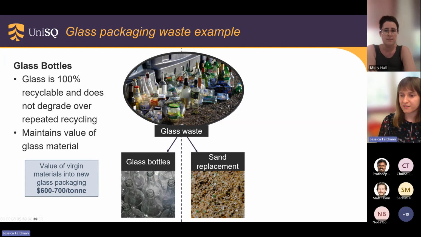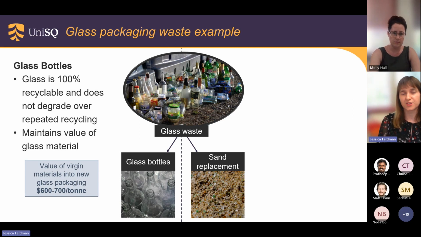And at end of life, this glass waste has two common pathways in Australia. It is recycled back into glass bottles or used as a sand replacement. When glass is recycled back into glass bottles, it is 100% recyclable, which means it doesn't degrade over repeated recycling.